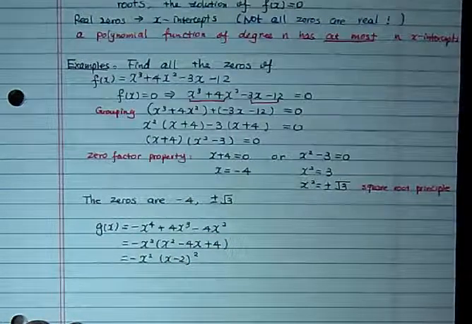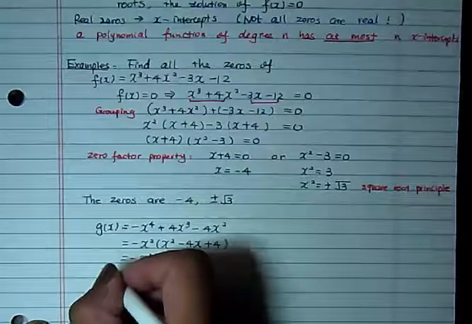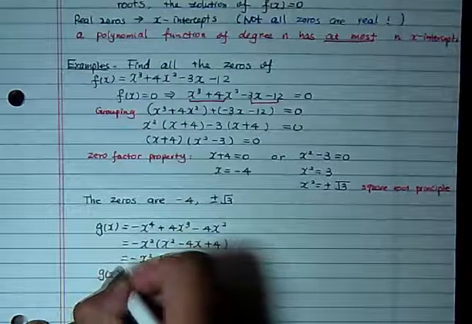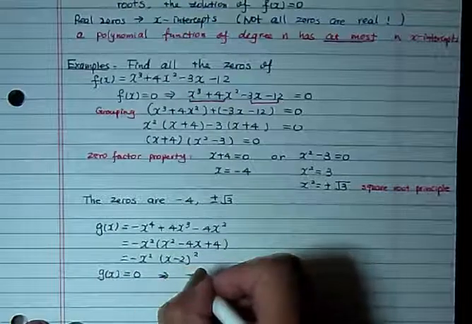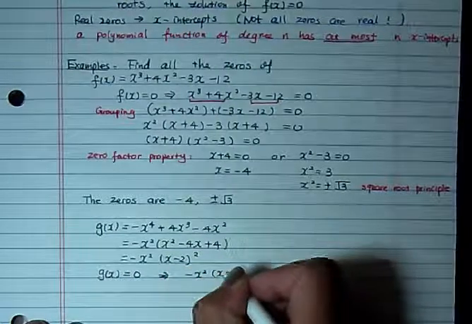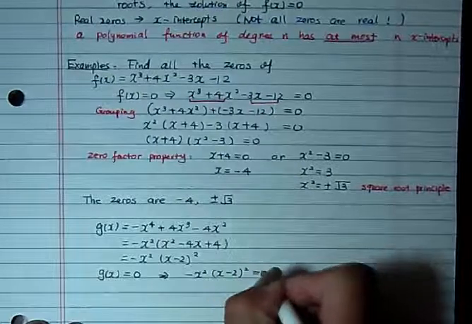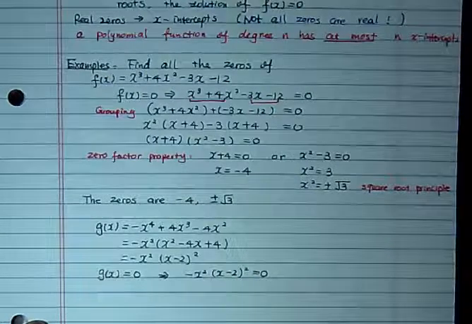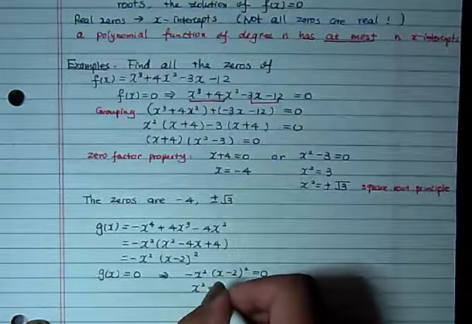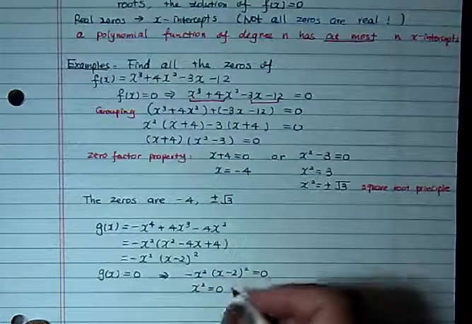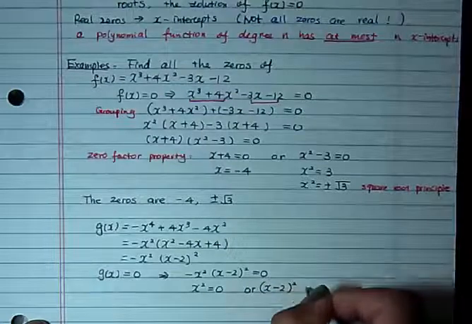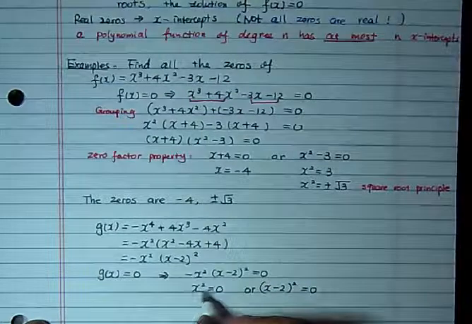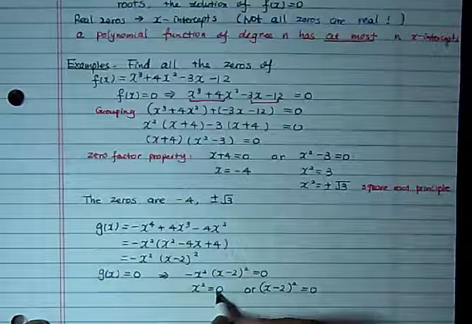The reason I wanted to factor out is because we need to find the zeros by setting g of x equal to 0, which in this case is negative x squared times x minus 2 squared equals 0. If your product equals 0, one of the factors equals 0, either x squared equals 0 or x minus 2 squared equals 0. In order to solve this one, you take the square root of both sides.